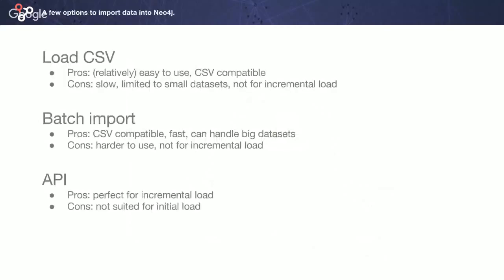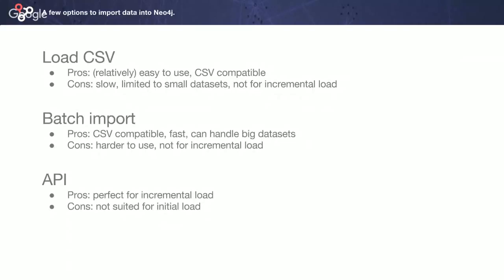But first of all, I'd like to mention that there are a few options out there to import data into Neo4j. So there's the load CSV feature of Neo4j, which is relatively easy to use and can work with a CSV file, which is a very common standard, I'd say, that can, for example, be outputted by Excel, but also by various systems.